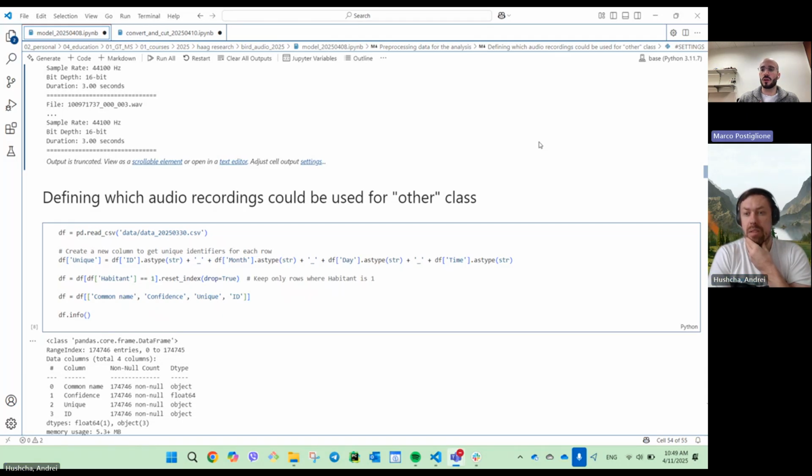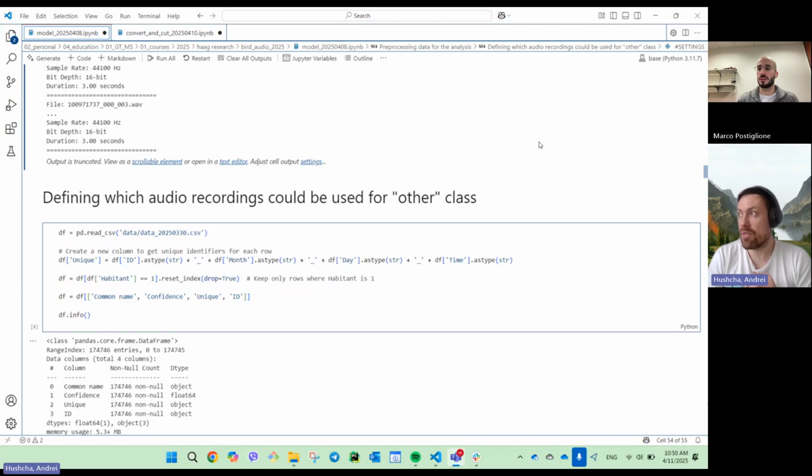Okay, but your classification model would be trained on labels provided by BirdNet, right? No, we're not using BirdNet labels at all. Okay, so what are your labels for the classification model?